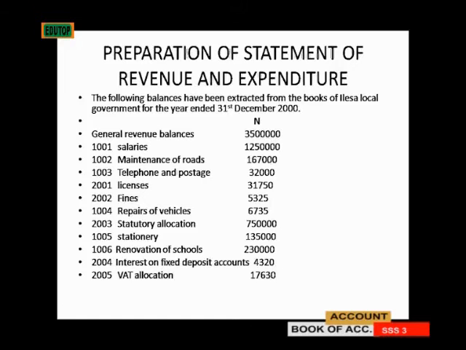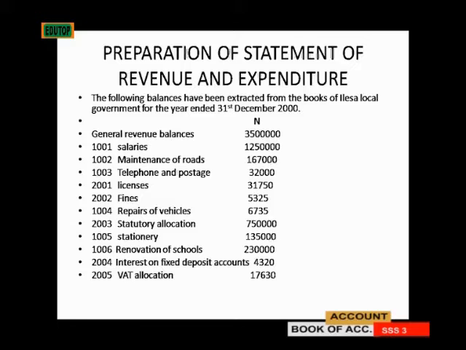Then look at the items. We have general revenue balance, which is the balance CD, BD. Then we have salaries. So you classify them under the head. That means you can see head 101, head 102. You classify them under their head and put them to the necessary place they feed into. You prepare revenue. So here, having given all this, revenue heads are coded with 201.